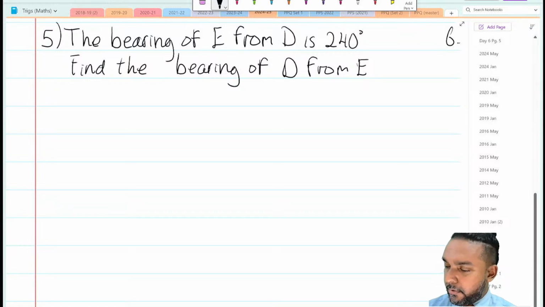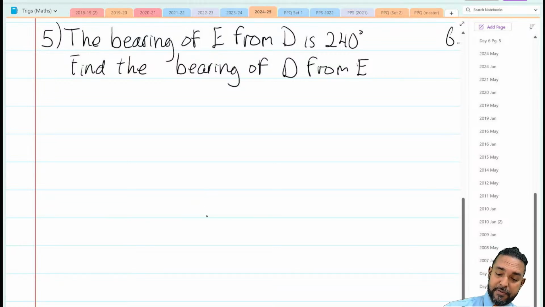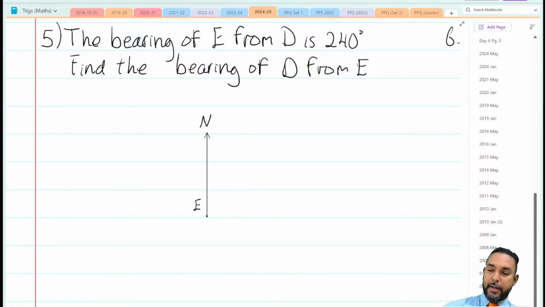Right, let's get some diagrams going there. How y'all feeling with bearing so far? All right, glad to hear that. Anybody not so good? That's okay too. All right. Bearing of E from D is 240. E from D. Okay, so E is the starting point clearly. 240 is almost 270. That's E. We'll start with a north line at E. And then 240. If you do this, that's 90, that's 180, that's 270.